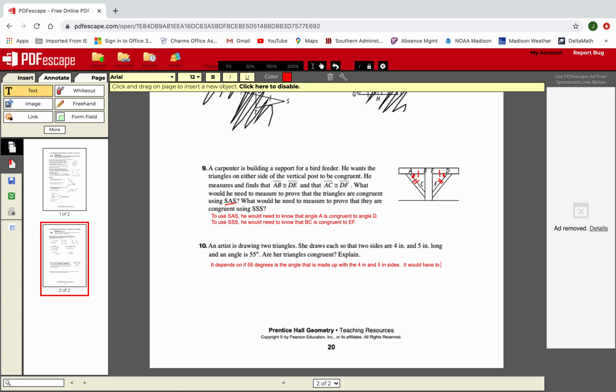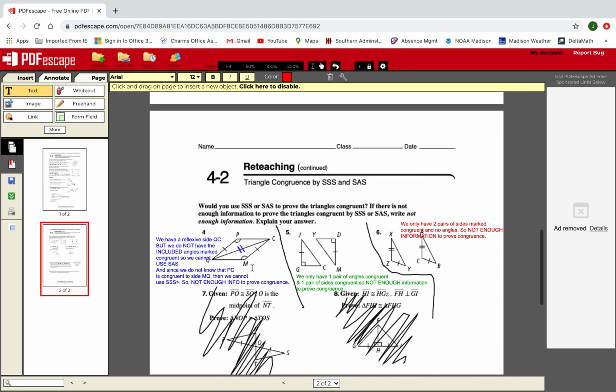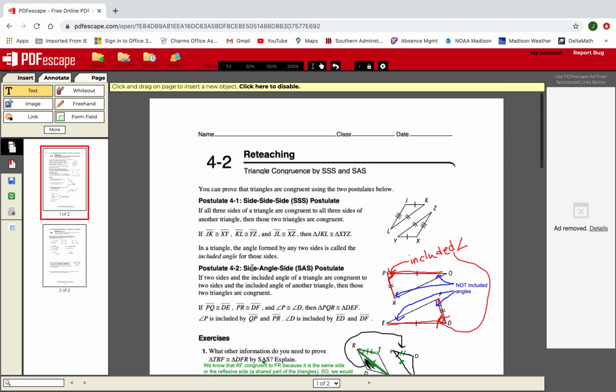It would have to be the included angle in order to work using side angle side. There's more practice on this in your practice and homework pages, and we will talk about this further. I'm going to go ahead and save this and look at lesson 4.3.